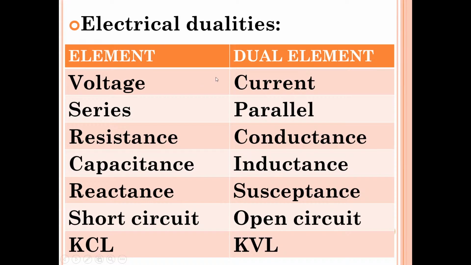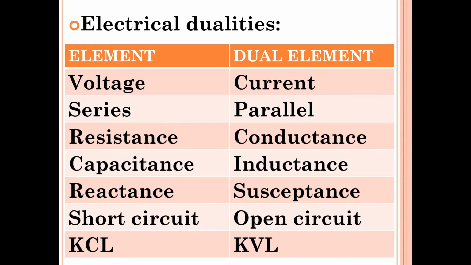Different elements have their own dual element. For example, in this slide, if you consider voltage source, its dual element is current. The dual element of series circuit is parallel circuit.